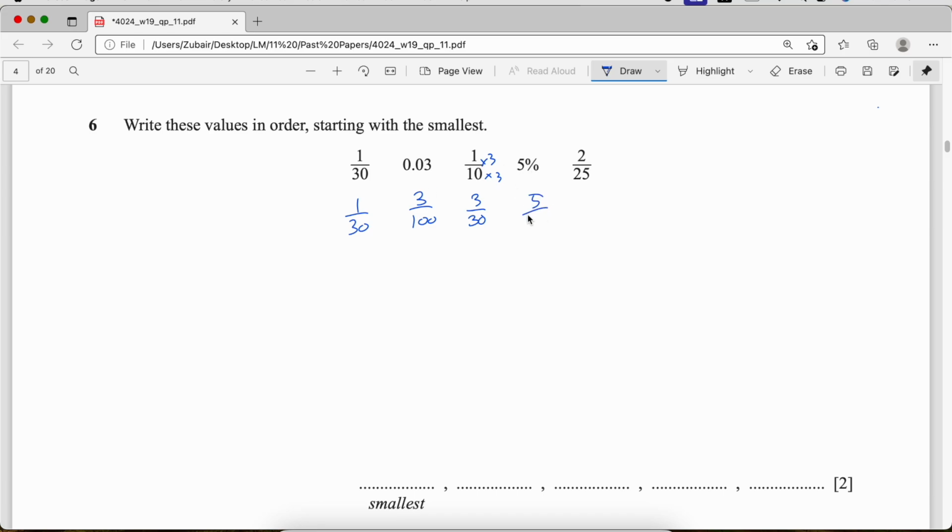And this is 5 by 100, that's 2 by 25. If I multiply it with 4, that would be 8 by 100.